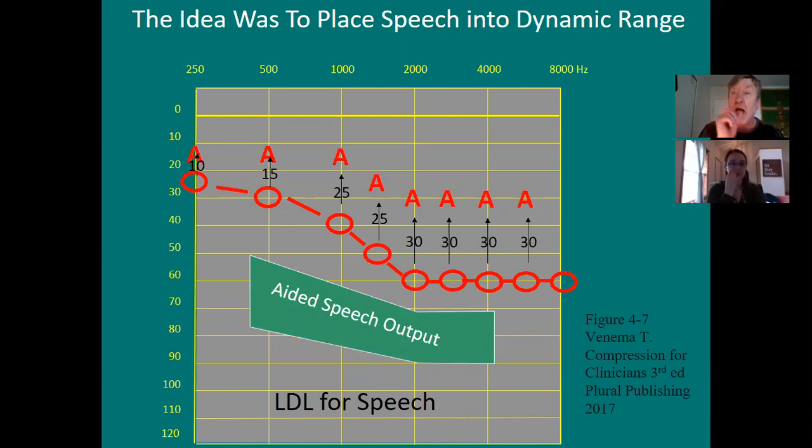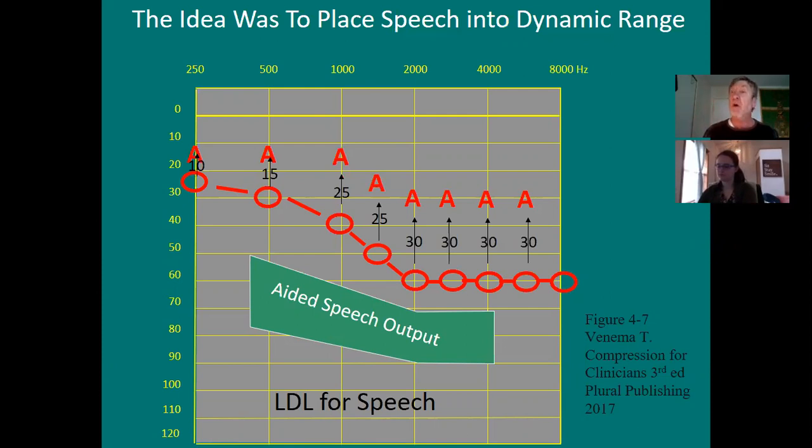And that is why, WHY, that is how come you amplified by half the degree of the loss. So if you had aided thresholds that were improved by half the degree of the loss, then you supposedly had hit your target. That was your target. That's what you wanted. I wanted my aided thresholds improved by half.